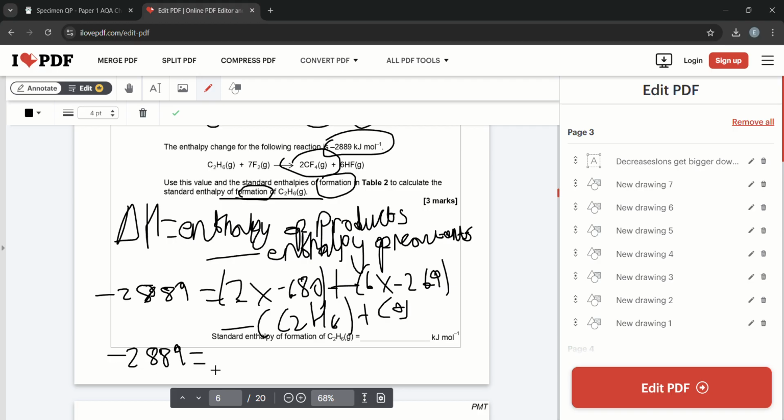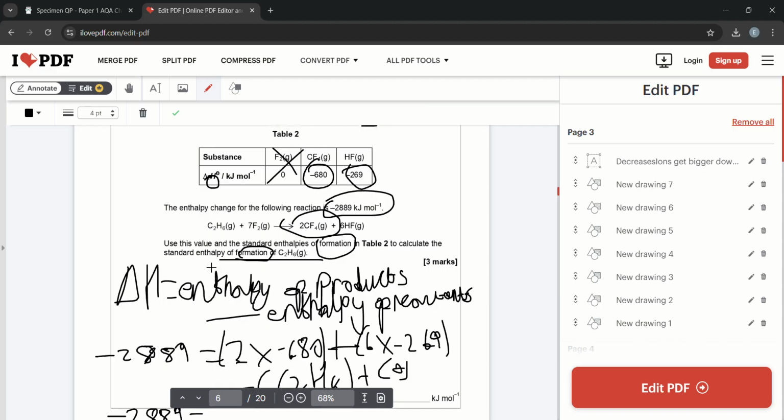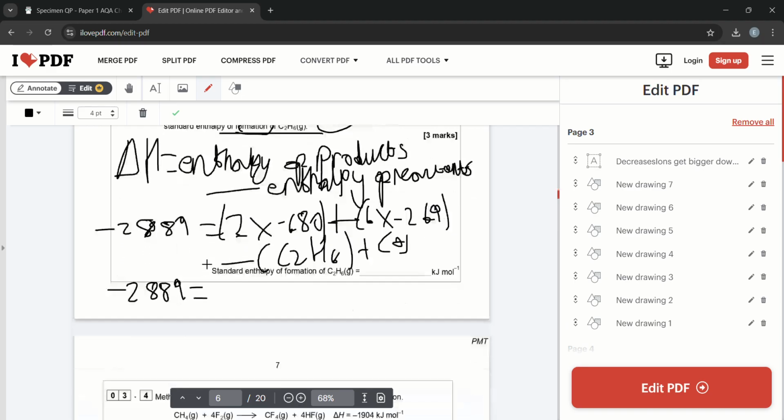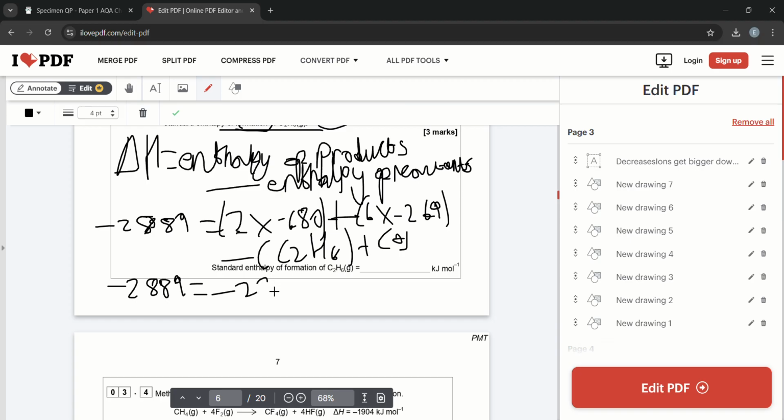So we get minus 2889 equals, let me check, 2 times minus 680 plus 6 times minus 269, which should be correct, minus 2974, minus C2H6. That's the tricky part.